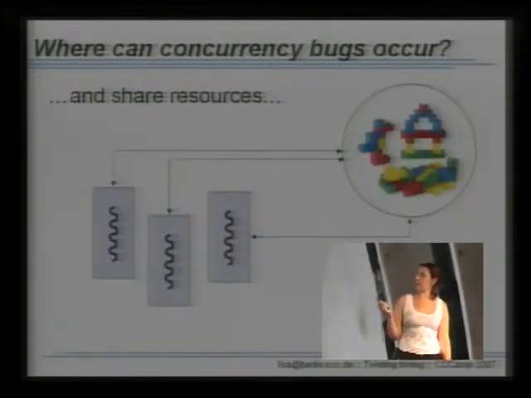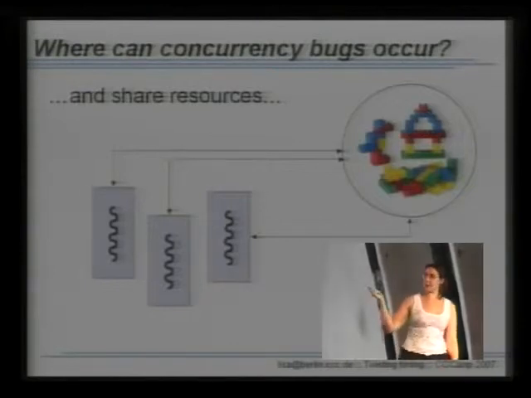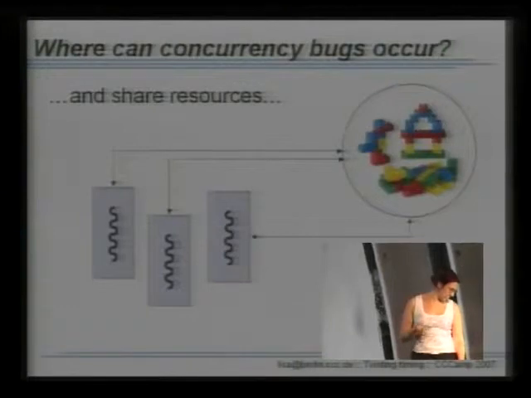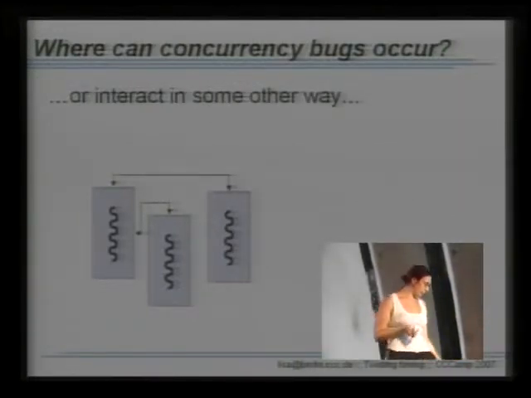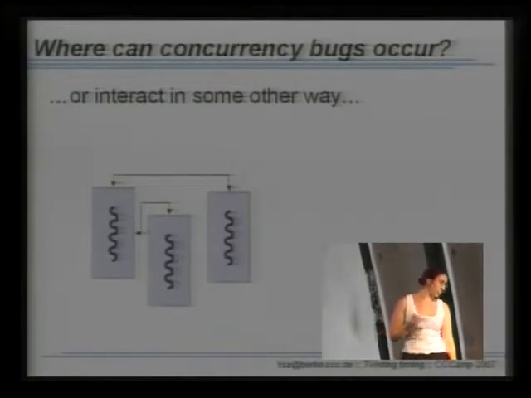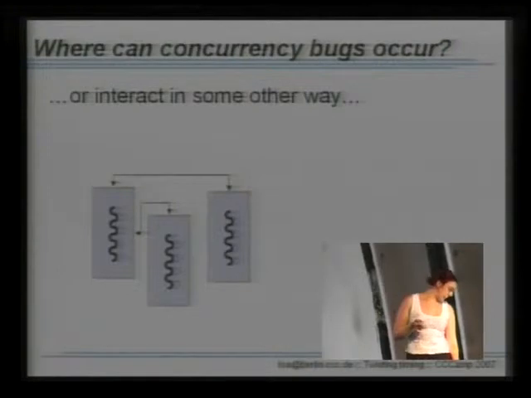So anyone who has brothers or sisters knows what I'm talking about when I use Lego bricks as scarce resources, or interact in any other way. For example, just communicate with one another using IPC mechanisms.